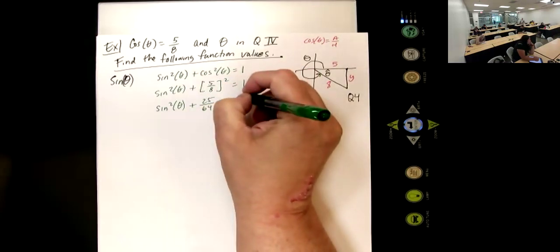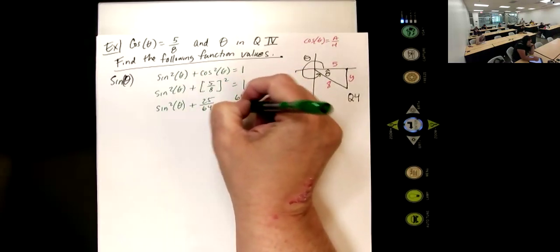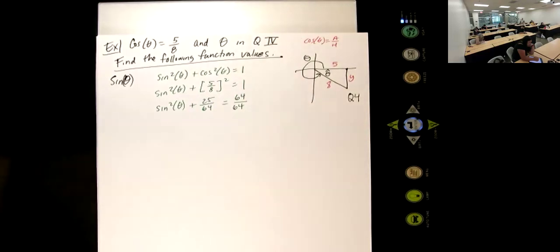So I'm gonna write the 1 as a 64/64, because I can see that I'm trying to get sine theta by itself and figure out its value.